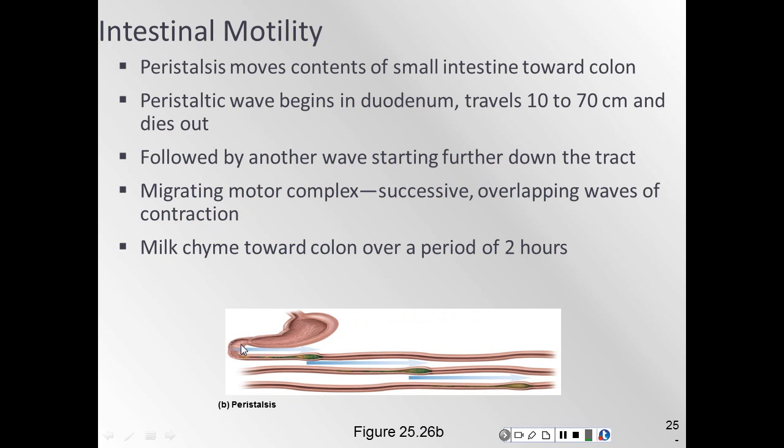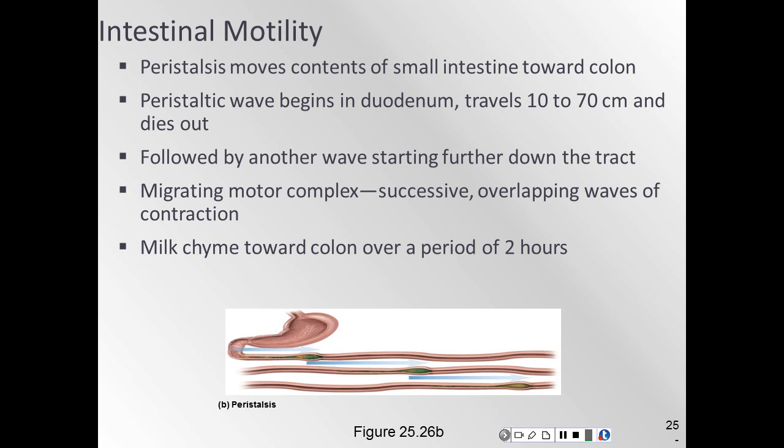So peristalsis. Peristalsis moves contents of the small intestine towards the colon. Now, the peristaltic wave begins in the duodenum, and it travels 10 to 70 centimeters, and then it dies out, only to be followed by another wave that begins a little further down the track. Now, these successive overlapping waves are called the migrating motor complex.